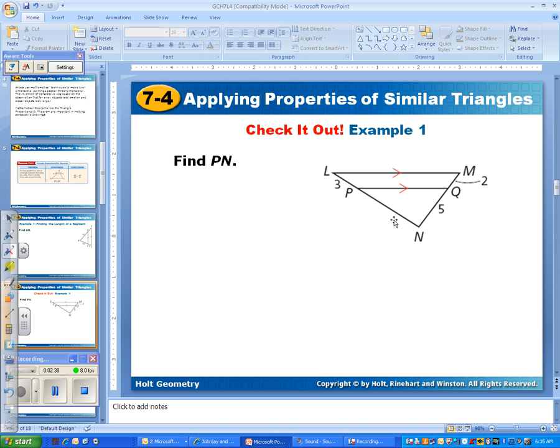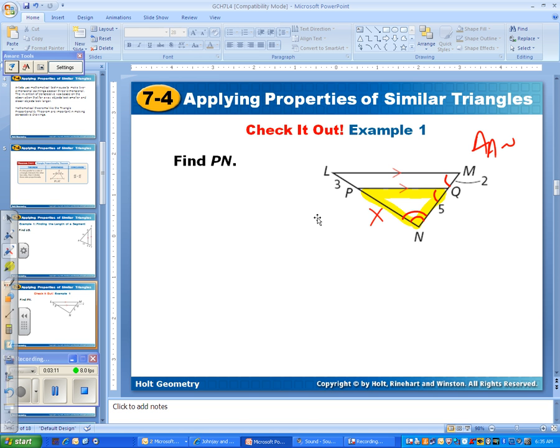Again, some of you guys might be thinking, well, wait a second, why are these even similar triangles to begin with? Well, if we have parallel lines, that means that we're going to have corresponding angles. So these 2 angles will be congruent to each other, and N is congruent to itself. So in this small triangle, we have 2 congruent angles, and in the larger triangle, we also have 2 congruent angles, angle N and angle M, angle N and angle Q. So by angle-angle similarity, that's why we can set up this proportion to begin with.